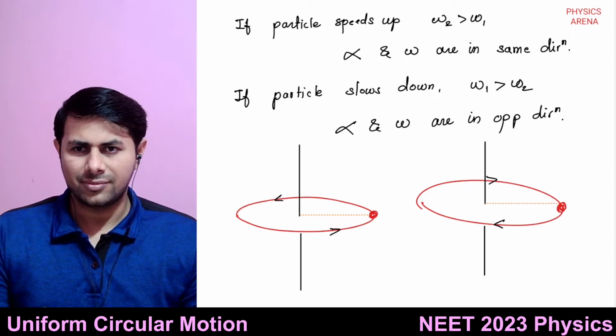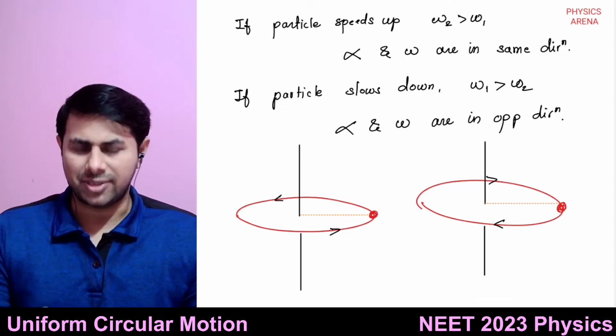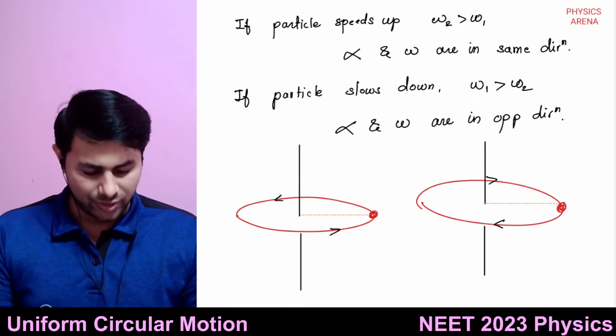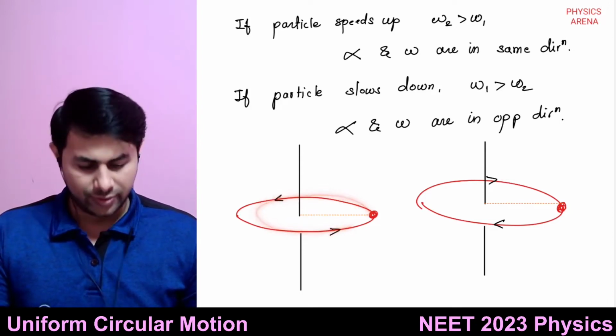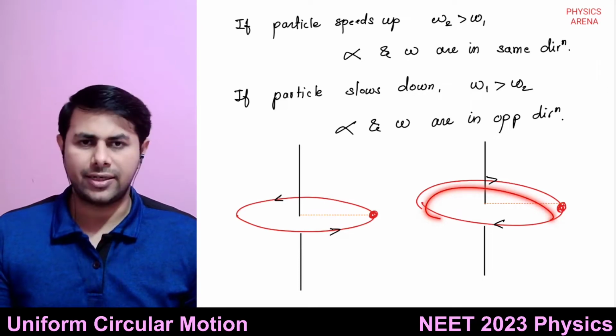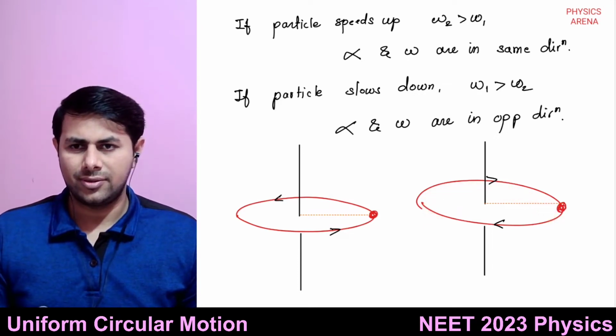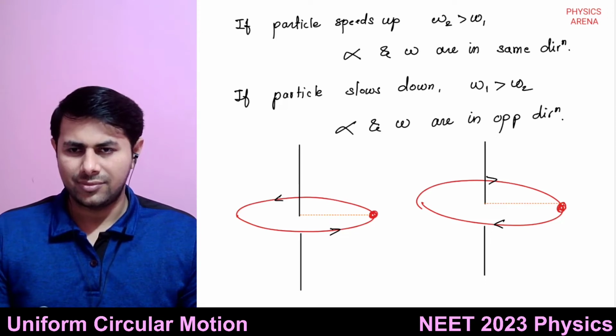Upwards and downwards, that's what I'm asking. So the direction of angular velocity will be upwards in the first case, and downwards in the second case. Everybody understood this?